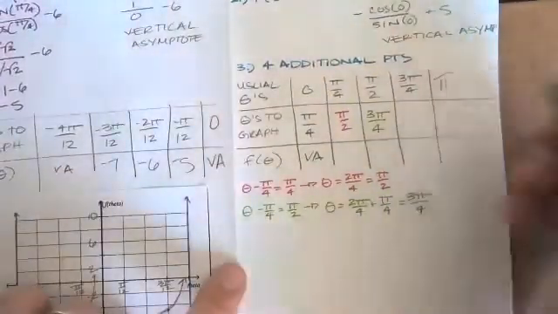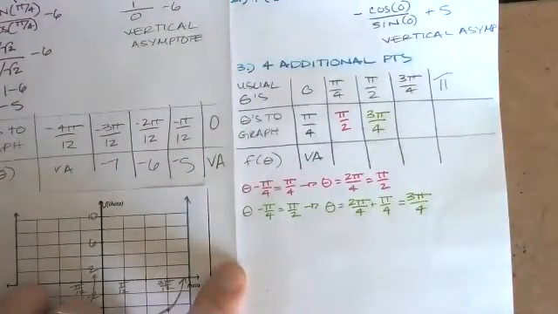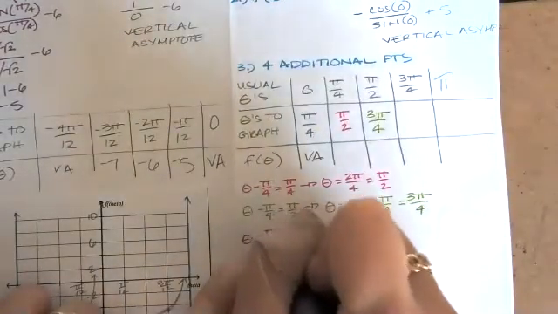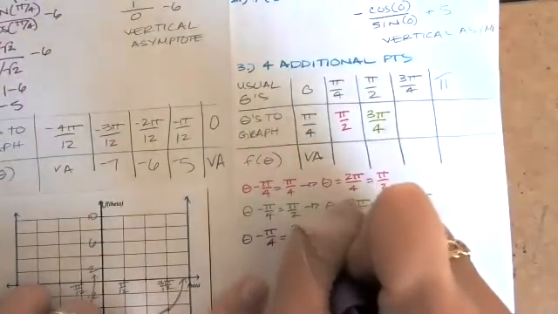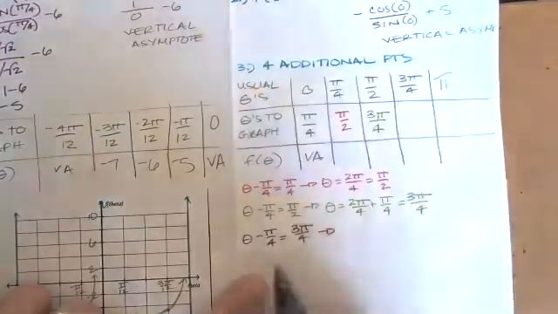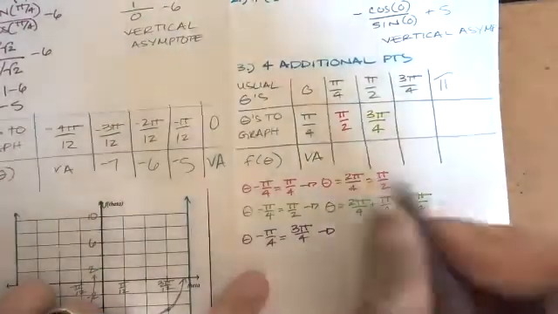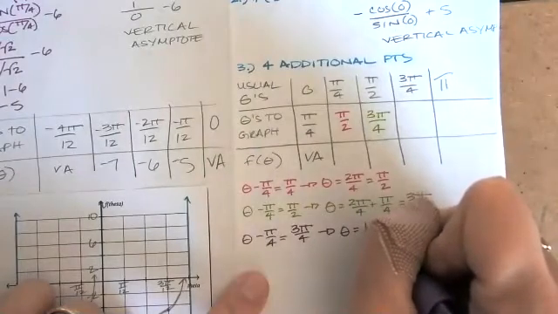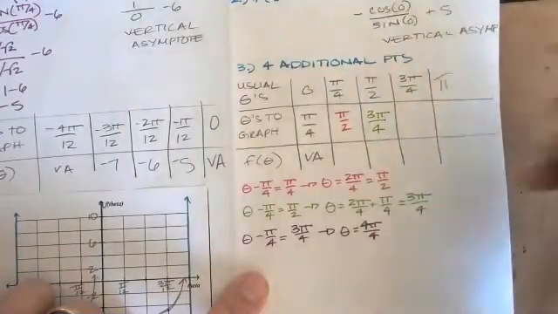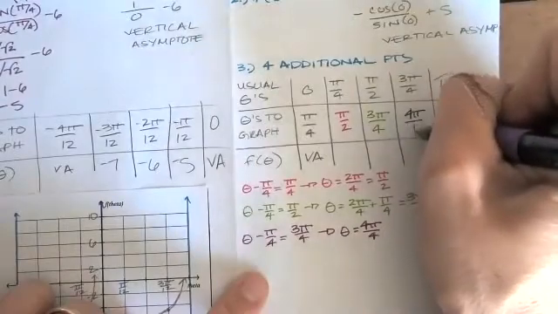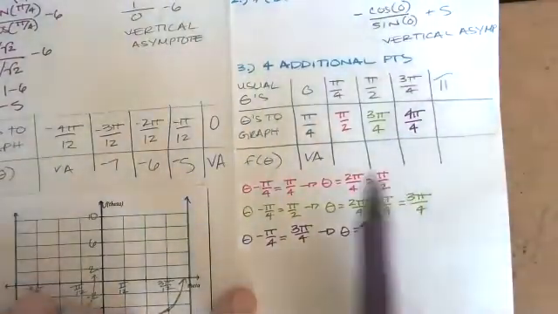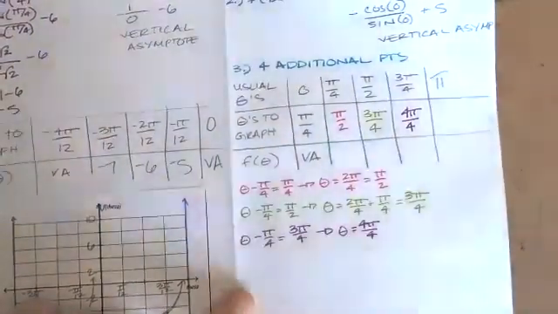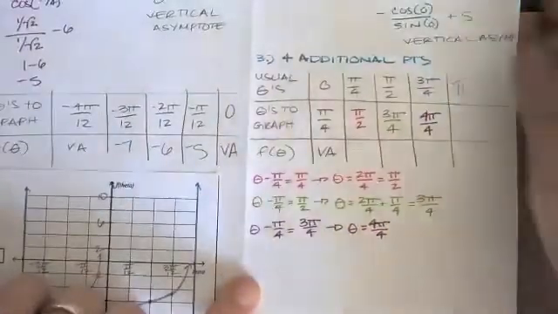All right. For our fourth value, we've got theta minus pi over 4 equals 3 pi over 4. So when I shift that to the other side, change the sign, I'm left with theta equals 4 pi over 4. Again, I know I want to reduce that to pi, but I'm going to switch this one to 2 pi over 4 so I can see the pattern a little bit more clearly.